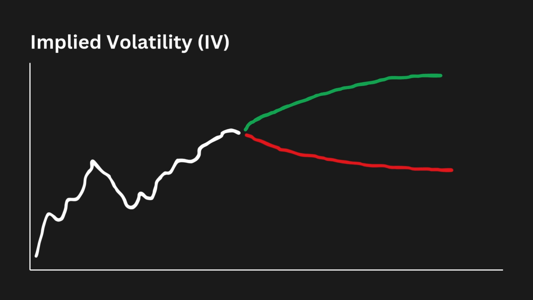So, what is IV and why is it important? IV represents the market's forecast of a stock's potential price fluctuations, or volatility, over the life of the option. Essentially, IV reflects the market's expectations for how volatile the underlying stock will be in the future.